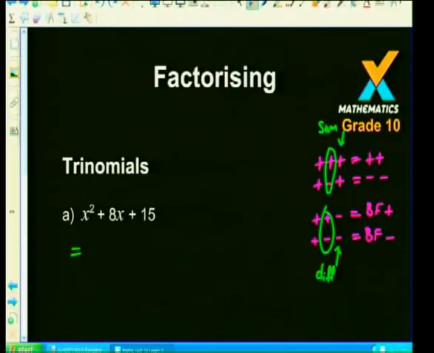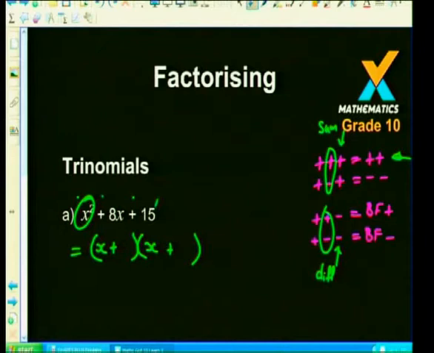Let's have a look at number 1. Well, it's a plus, plus, plus. Type 1, it's going to have to go to plus, plus. So before I do anything else, I can set up my brackets. What 2 variables multiplied together give you x squared? Yep, it's x and x.